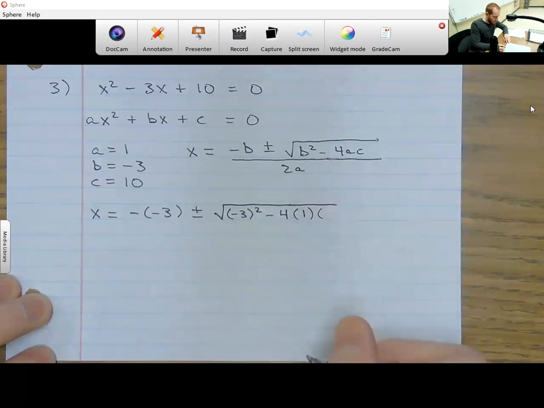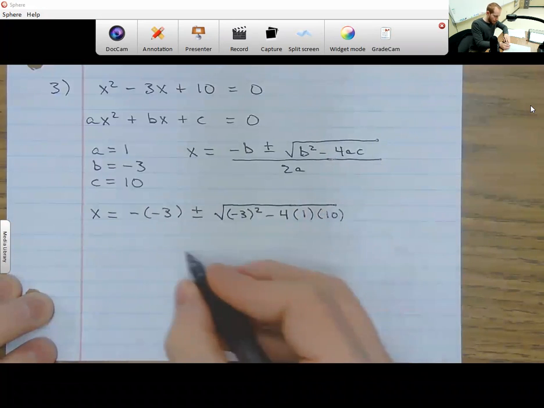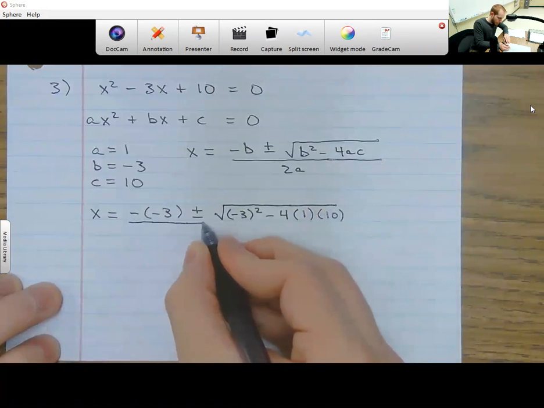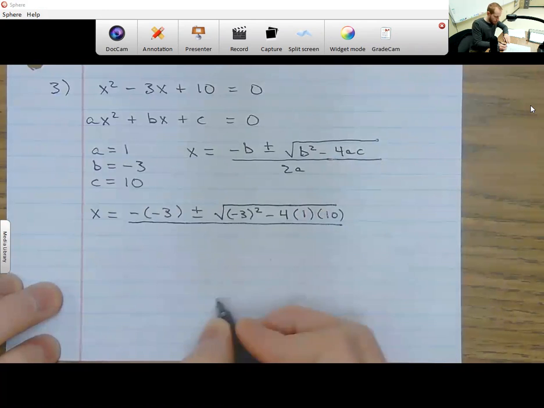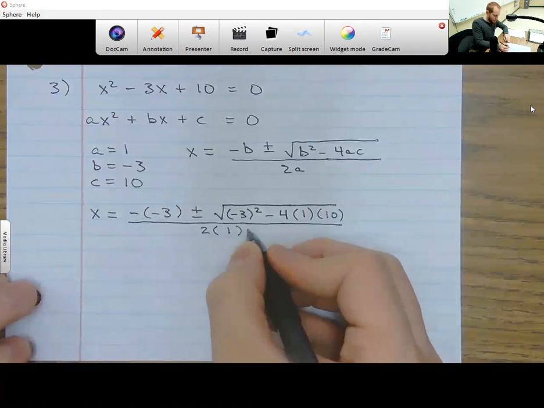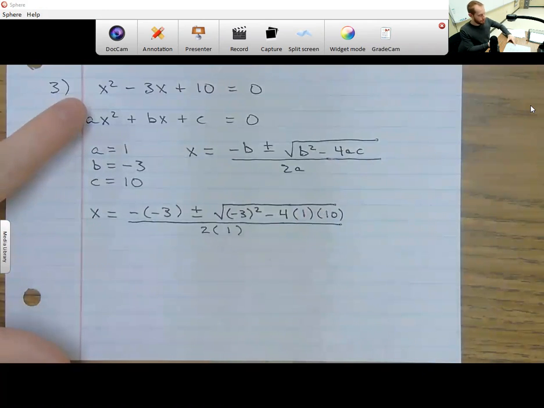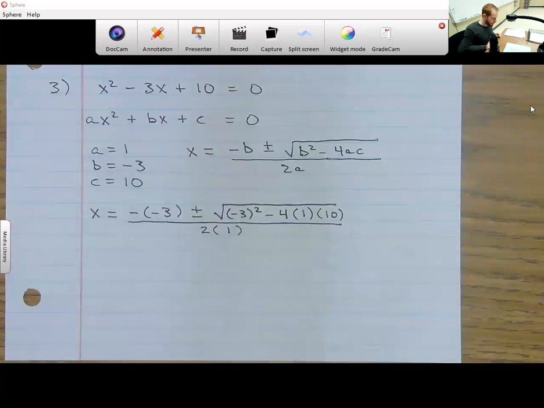Times c. C is going to be 10. And then everything is divided by 2 times a, which is 2 times 1. That's often going to be the case, that your a is going to be 1. And that just means you have an x squared out in front with no number to the left of it. Okay? All right, so all I did was plug in numbers, and now we're ready to simplify a couple things.